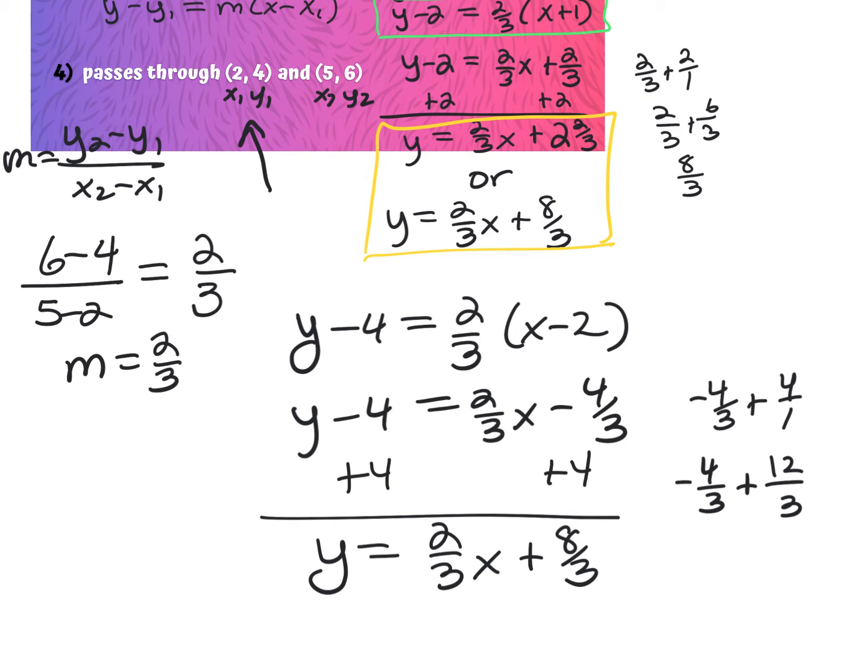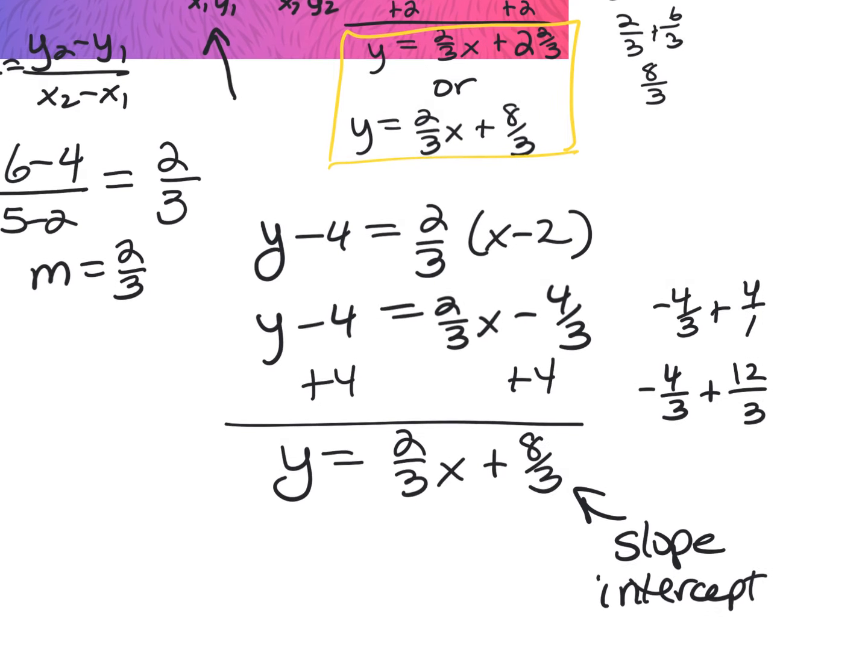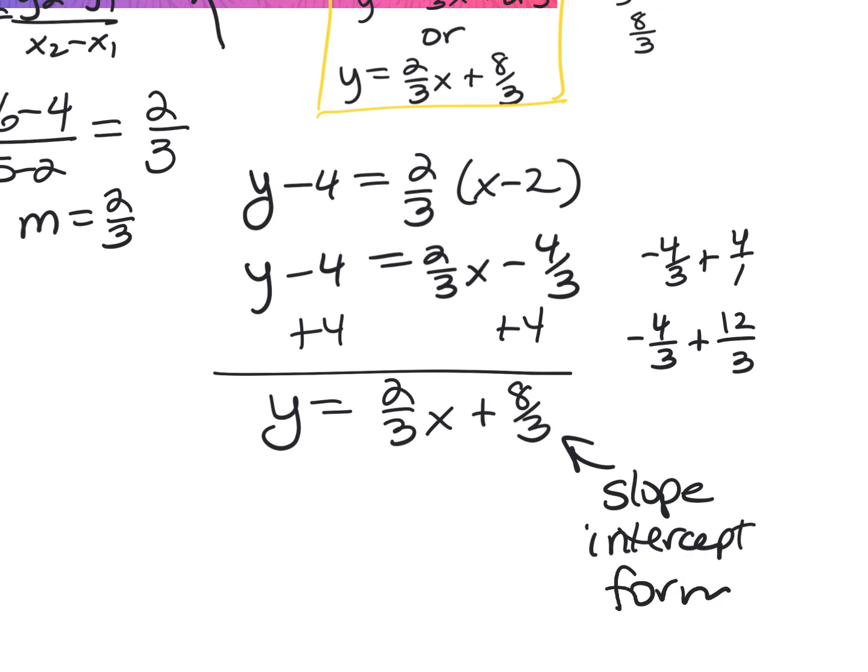Now, let's practice turning this. We also learned standard form. So this is the form I just left it in. This is slope-intercept form, y equals mx plus b. If the instruction said to leave it in point slope, we would have stopped right here.